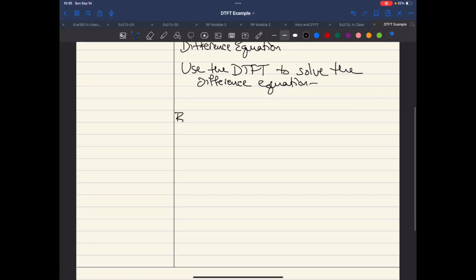So before, we might have seen differential equations, and we used transforms to make them polynomials that were easier to solve. We're going to do a similar thing here. They're going to be rational expressions that we can work with a little bit better.